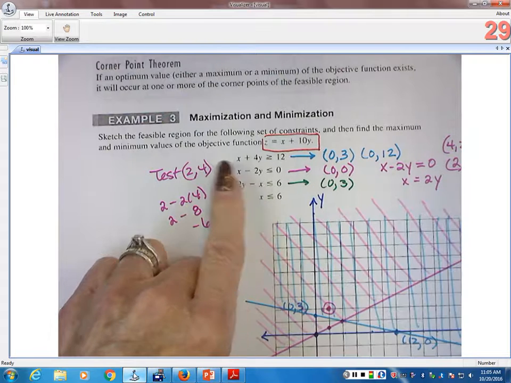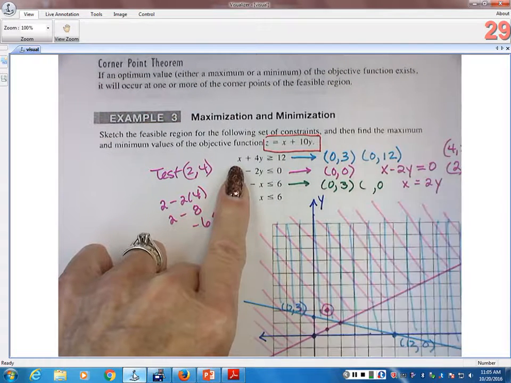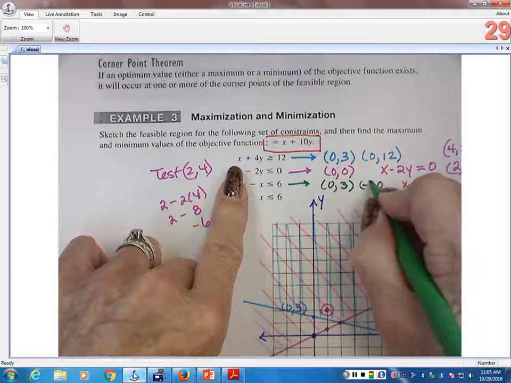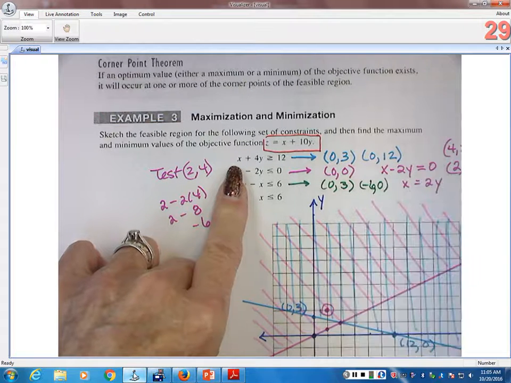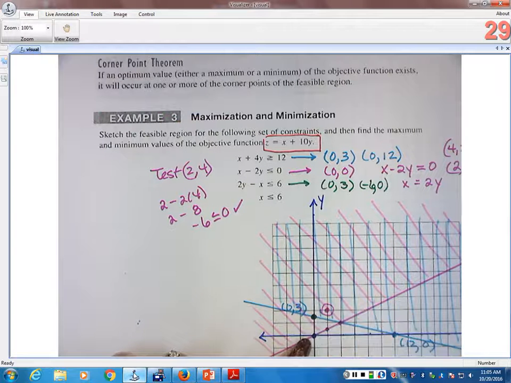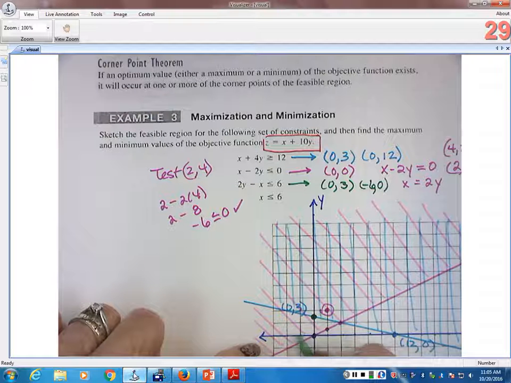And if I let y be 0, then negative x is 6, and that means x is negative 6. So 0, 3, which we're already using, and negative 6, 0.